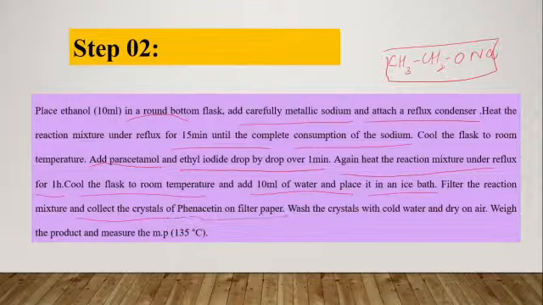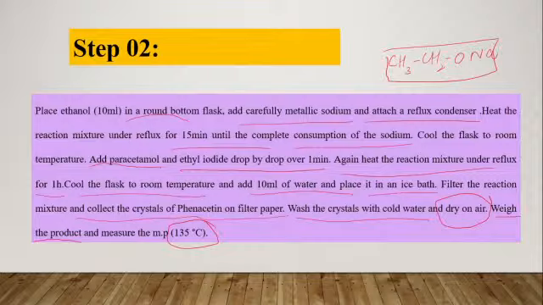After that we will again wash it with cold water to get the pure form of the crystals, and the crystals will be dried in simple air. After that we will calculate the weight of the powder to get the percentage yield, and then we will measure the melting point of pure phenacetin, that is 135 degrees centigrade.